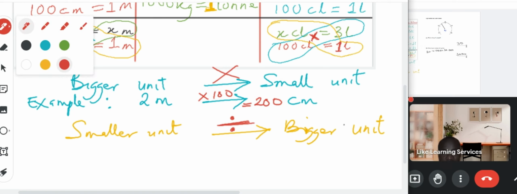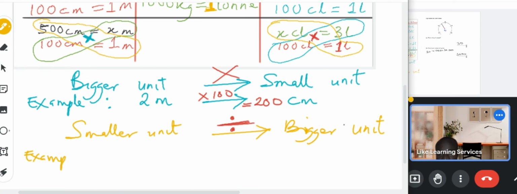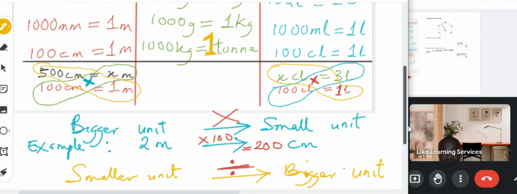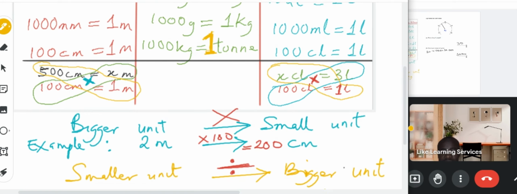An example I can use is 5,000 grams. What would that give you in kilograms? What do you do? Divide. Yes, because 1,000 grams is 1 kilogram. The conversion rate is 1,000.